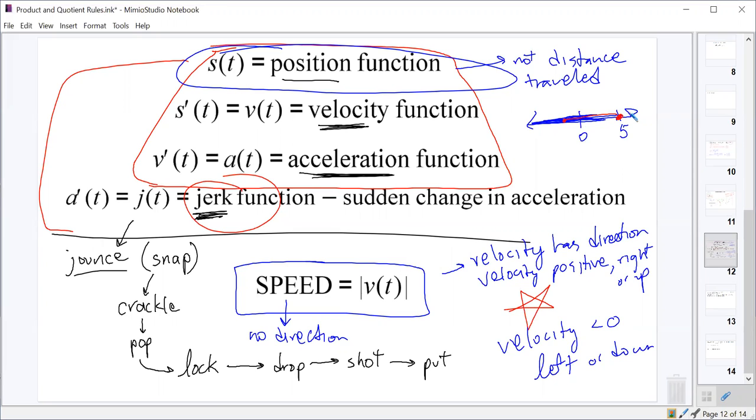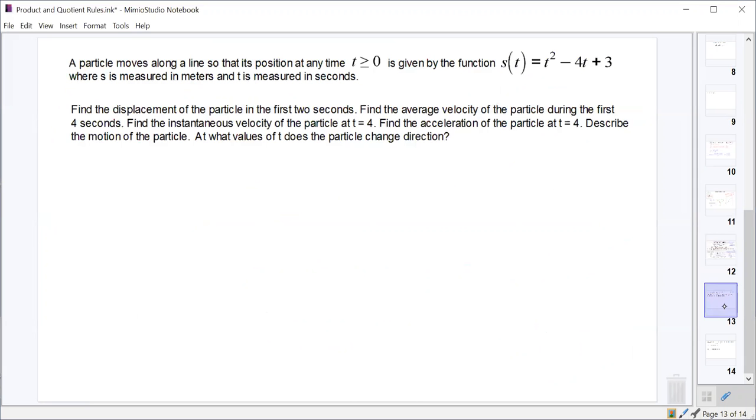Any other questions on that? All right, so let's take a look. I'll give you a second to read this one, and then we will go through and work out all the different things it's asking us for in this problem. We've got a particle that's moving along a line, and its position is t squared minus 4t plus 3 for all t values greater than or equal to 0.